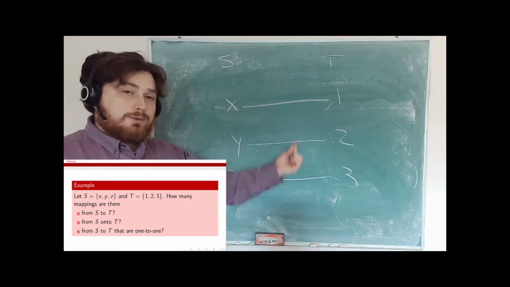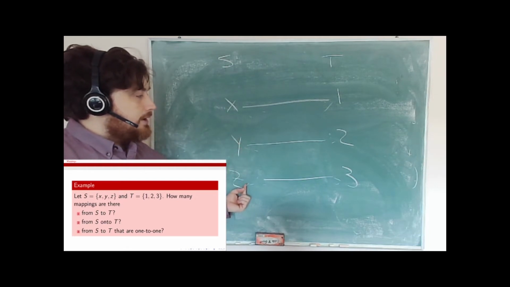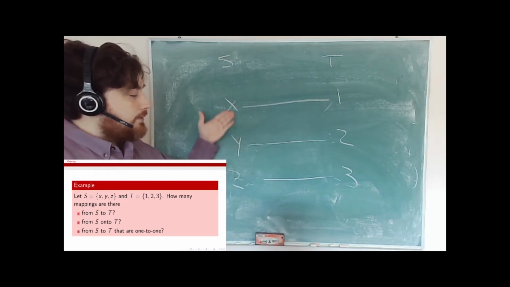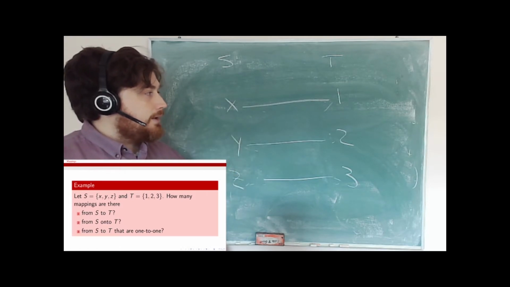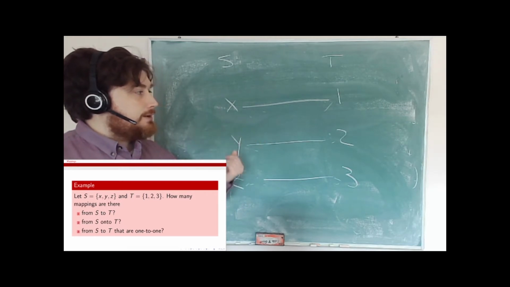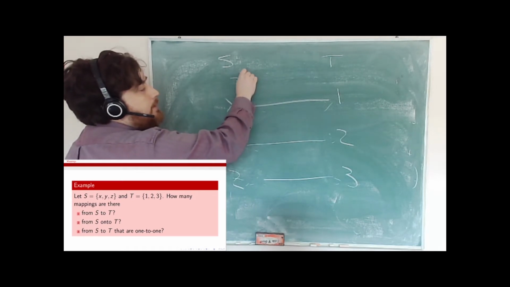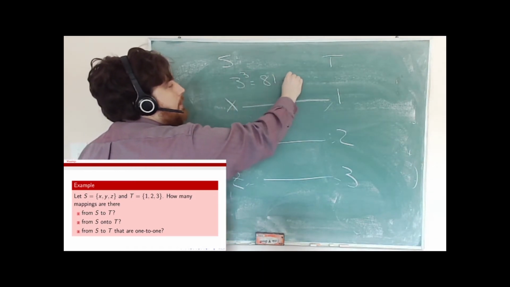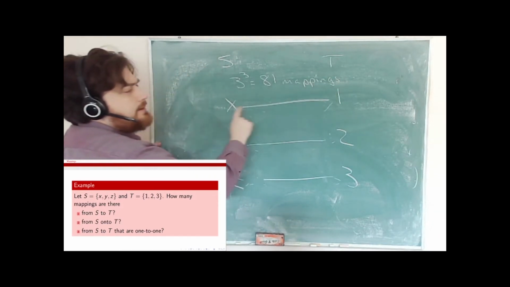Again, for Z, I would have 3 options. So I get 3 times 3 times 3 options, where X can go to any one of these 3, Y can go to any one of those 3, and Z can go to any one of those 3. And I end up with a mapping from S to T. So I will get 3 cubed, or 81 mappings from S to T.